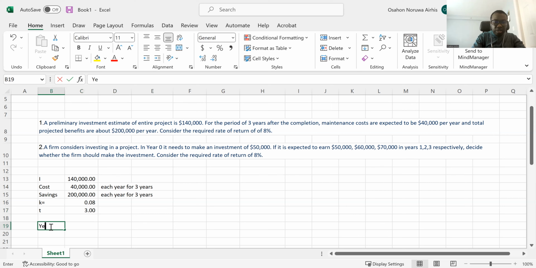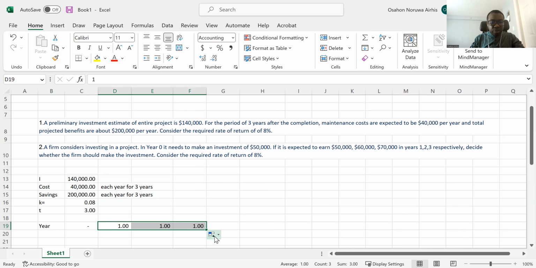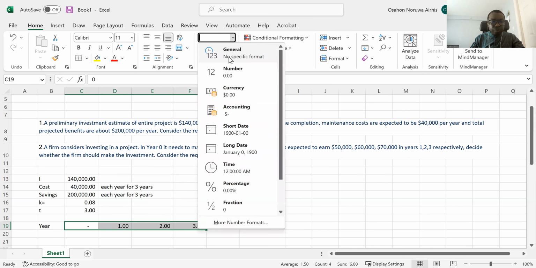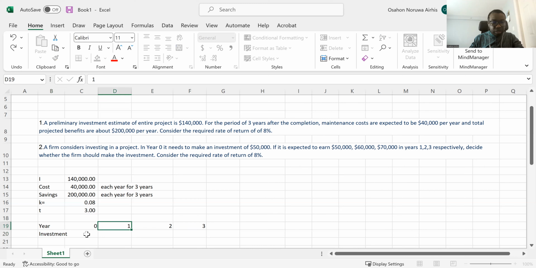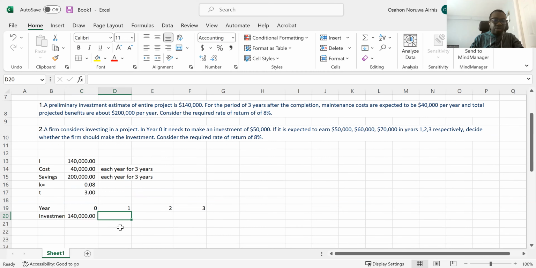So let's say we have the year here. So this is year 0, 1, 2, and 3, right? For that, we have the investment, which occurred only in the 0th year. That is the year the project was executed or planned to be executed.